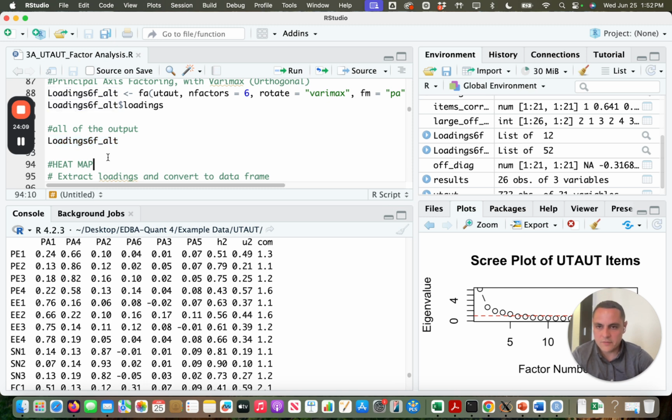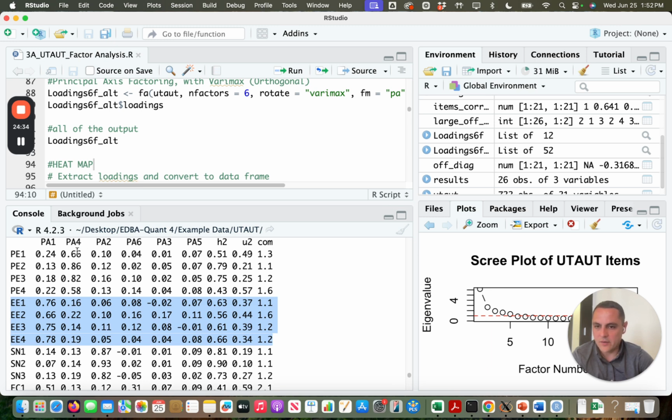Let's look at this first factor, this column here. You can see that this first one largely measures effort expectancy, right? You see these high loading values here. You also have the second one, PA4.